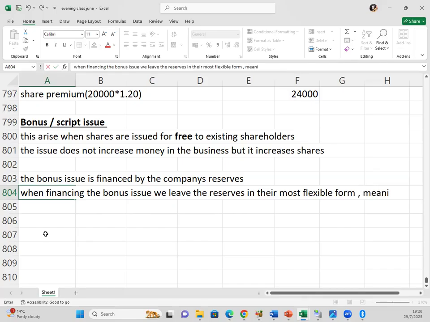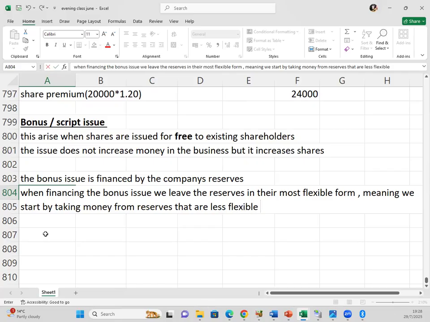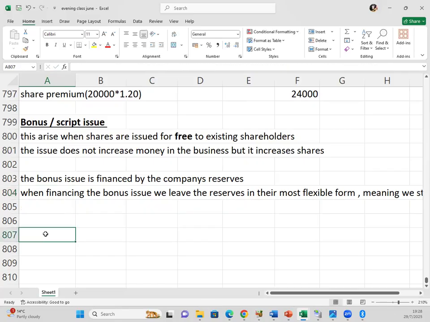Meaning we start by taking money from reserves that are less flexible.